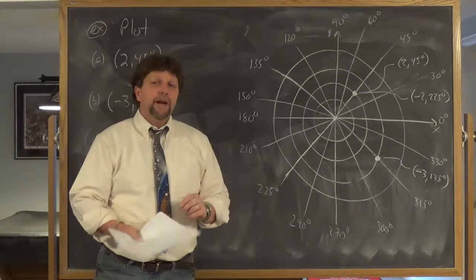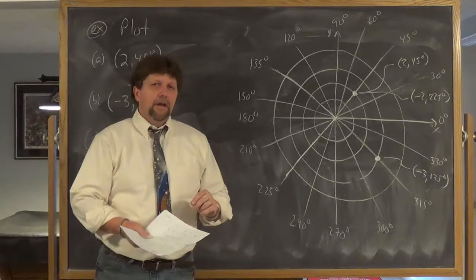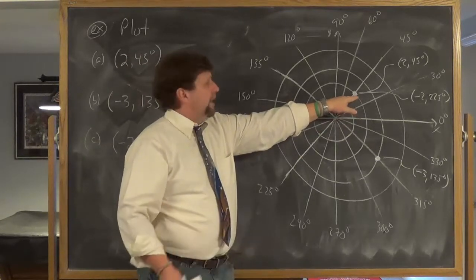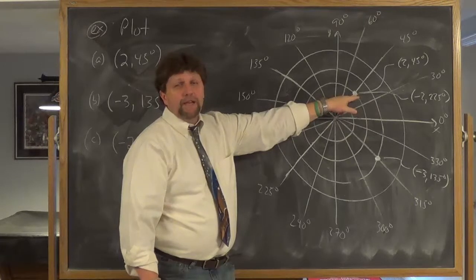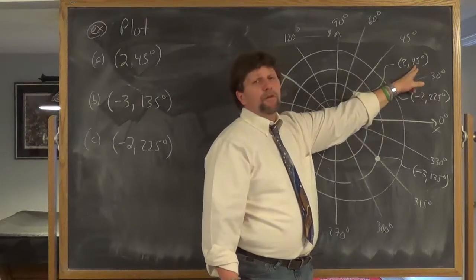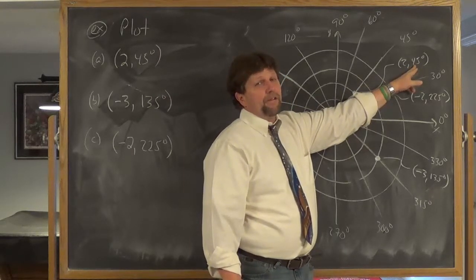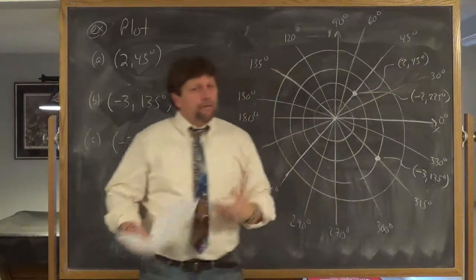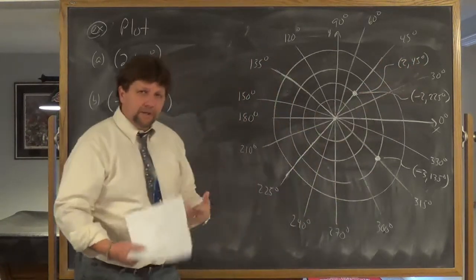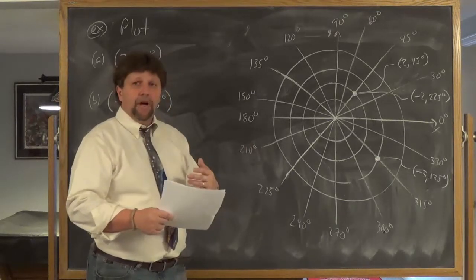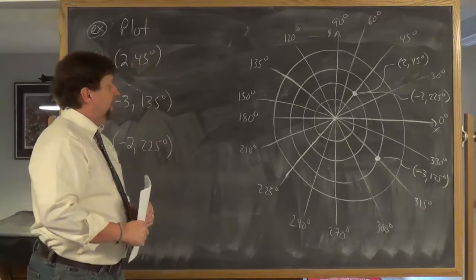Polar coordinates are not unique. There are an infinite number of ways to represent this one polar point in polar coordinates. You could just simply keep adding multiples of 360 degrees to the 45, for example. But I want you to remember that polar coordinates are not unique. So that's a quick example of how to plot polar points.